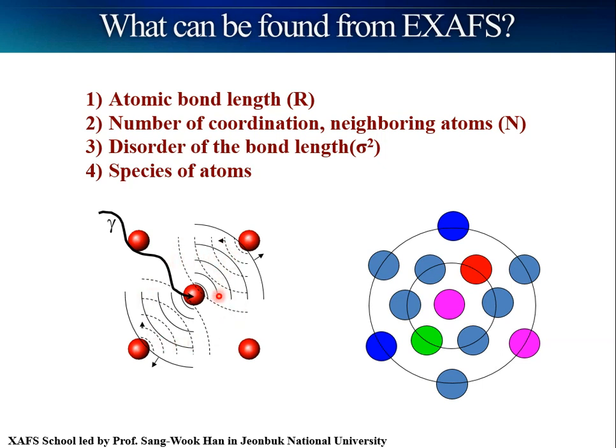As a result, we found the local structural properties, such as atomic bond length, coordination number, disorder of bond length, and species of neighboring atoms.